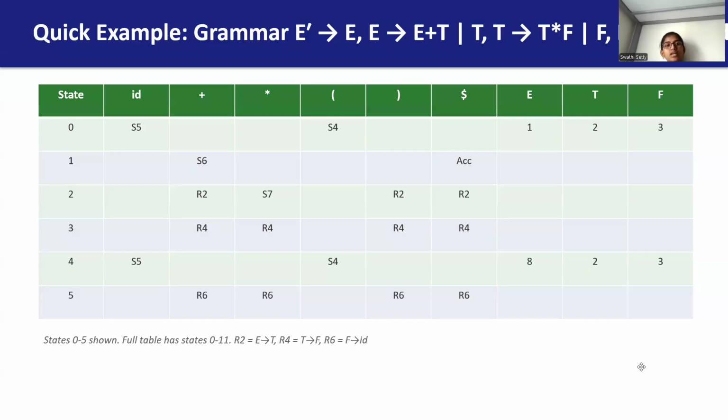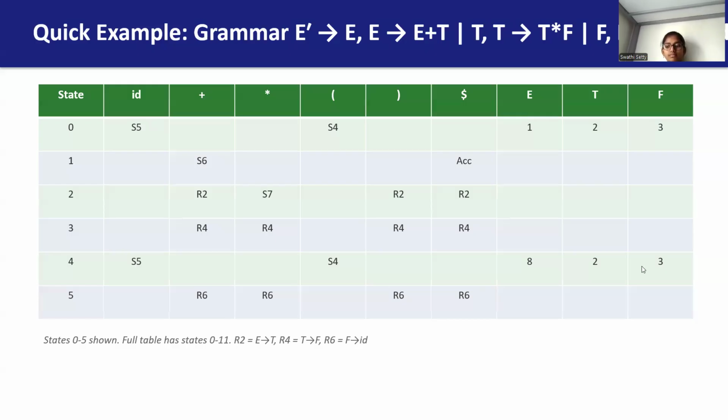As I said, the terminal columns will contain shift operations. 0th row ID is S5, 0th row opening parenthesis S4. And if the second argument is a non-terminal, that is 0th row E will just contain the number, the next transition state number. This is all just given in brief in the slide.